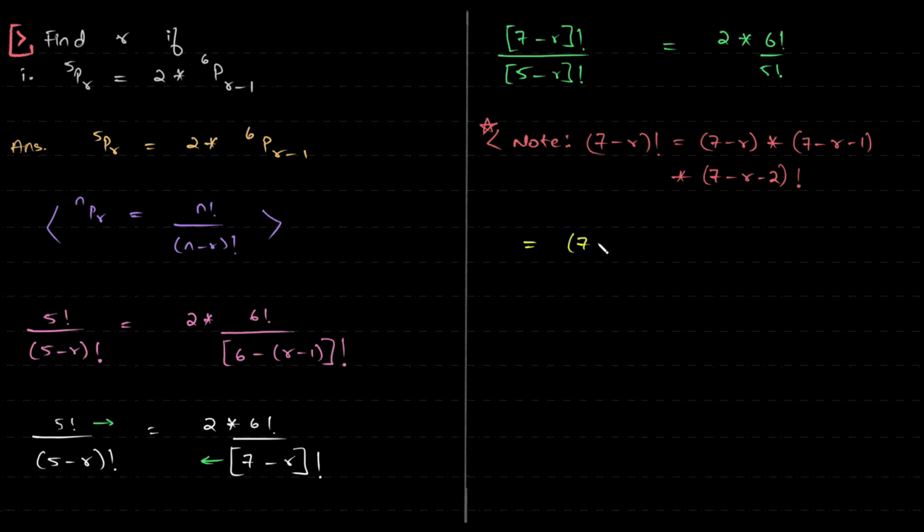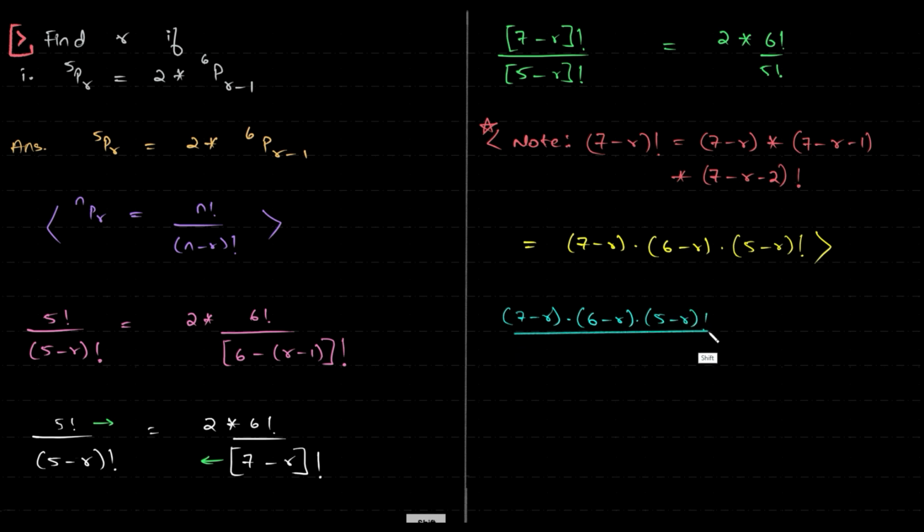So let me further simplify this. (6 minus r) into (5 minus r) factorial, right? And so we have here in the numerator (7 minus r)(6 minus r) into (5 minus r) factorial. This entire thing divided by (5 minus r) factorial, which is equal to 2 into 6 into 5 factorial divided by 5 factorial.